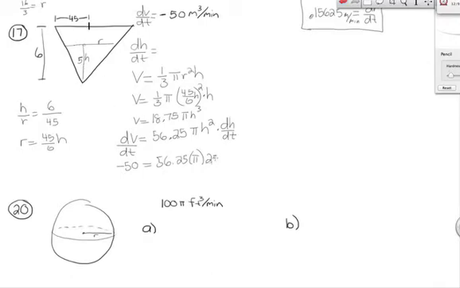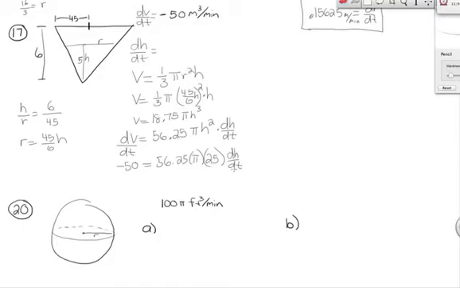So 5 squared is 25. And so what's that going to give me? Negative 50 divided by 25 is negative 2. So I get negative 2 divided by 56.25, divided by pi.